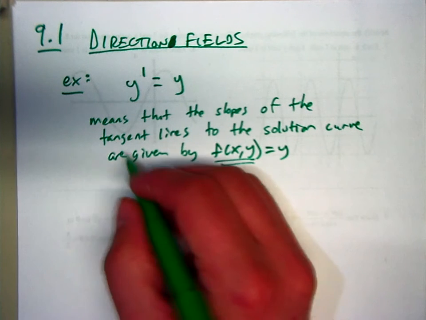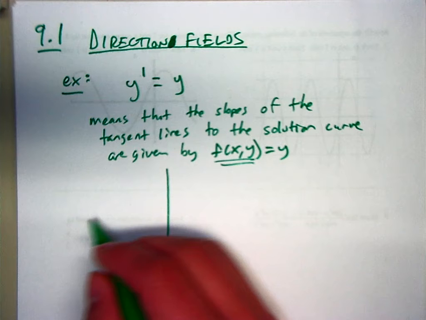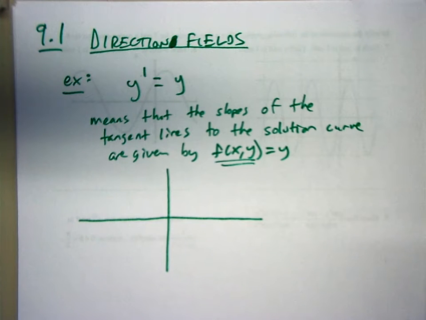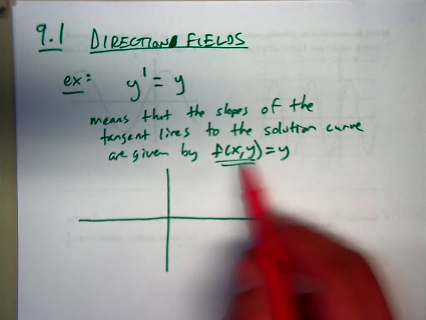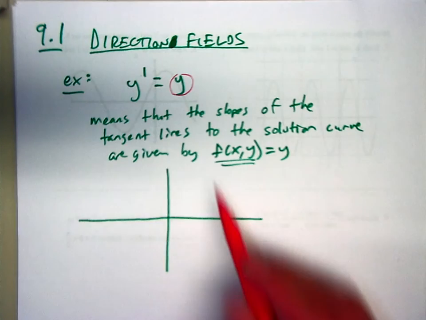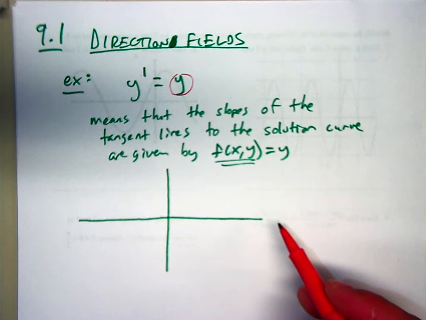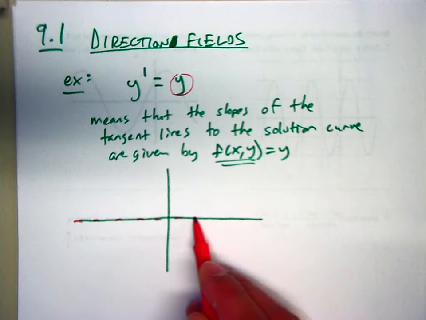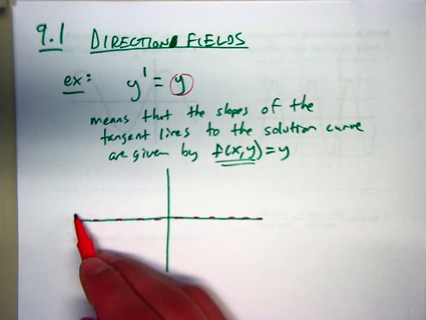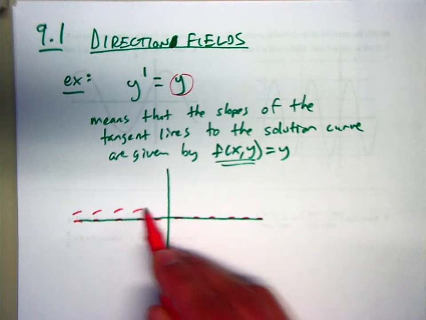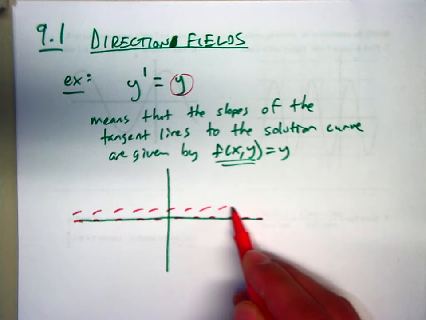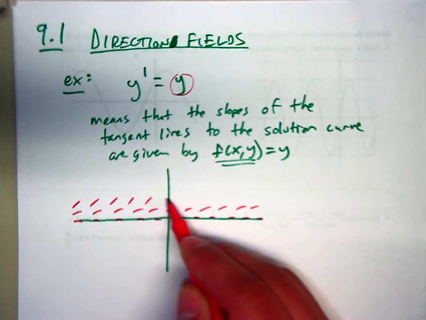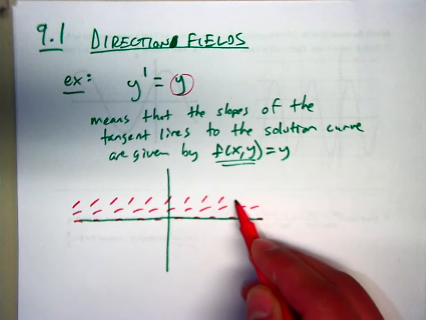Okay? And if we get an idea of what's going on, since the slopes are just going to be exactly the y-coordinate, this is a pretty easy direction field to sketch. Along y equals 0, you just have flat segments. And as you go up, you get slopes of 1. And the higher you go, the steeper the segments are going to be.